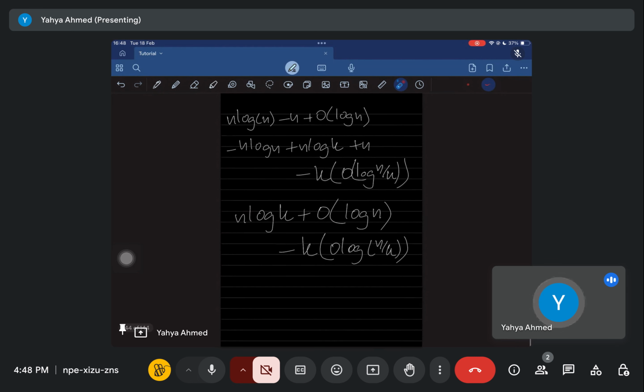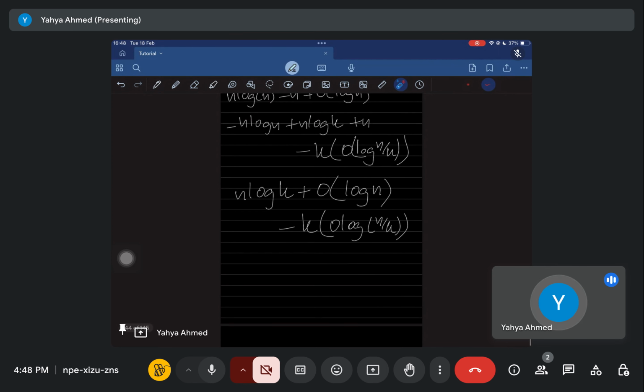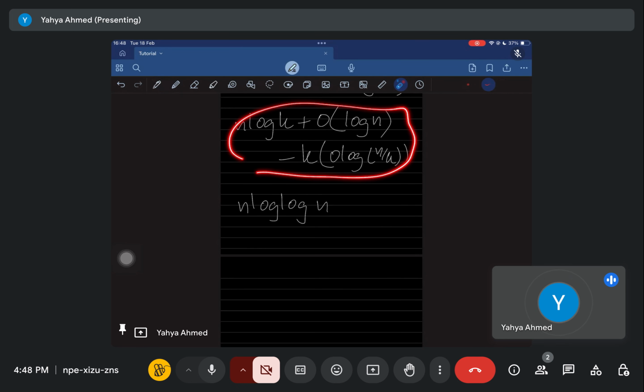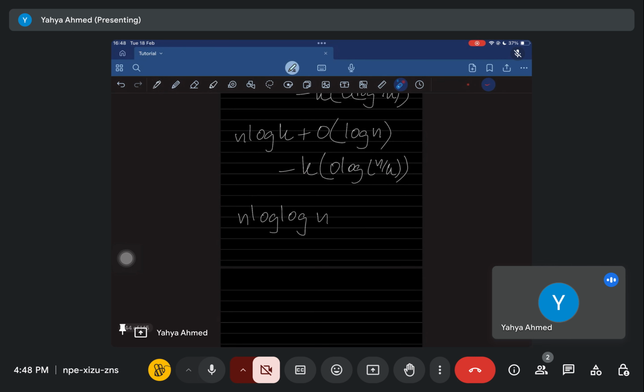where k is actually, we know that k is upper bounded by O of log n, so this is actually n log of log n, or we could just write it as n log n. We can ignore this part for now, because this expression is larger.